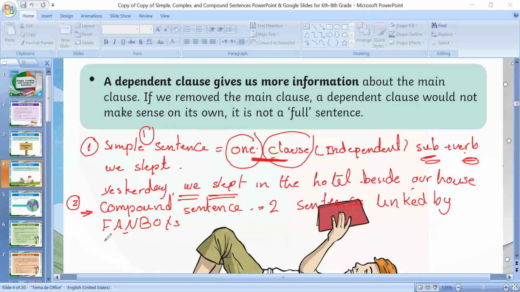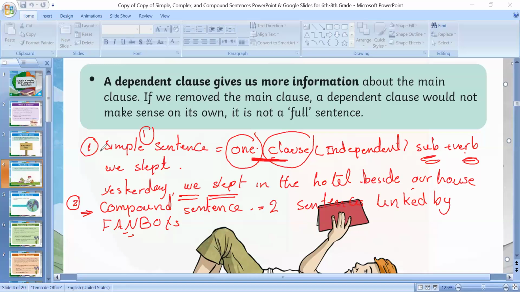What are the connectives here? The fanboys. So if I have two sentences connected by the fanboys, the sentence here is a compound sentence. Like for, and, nor, but, or, yet, and so.